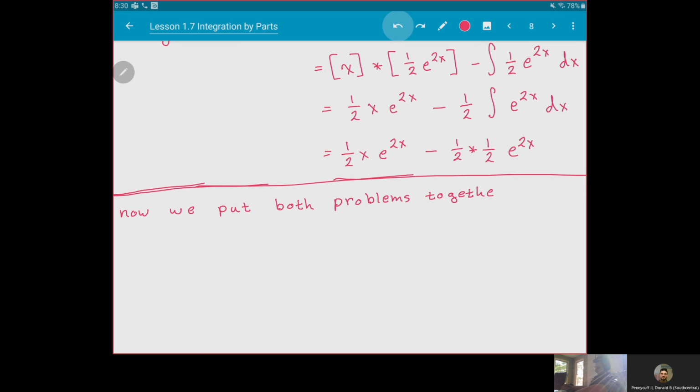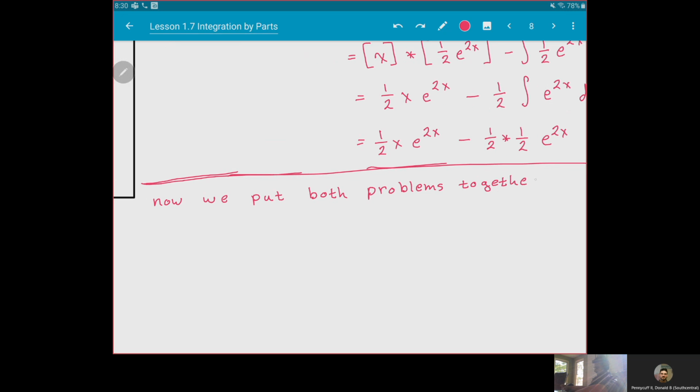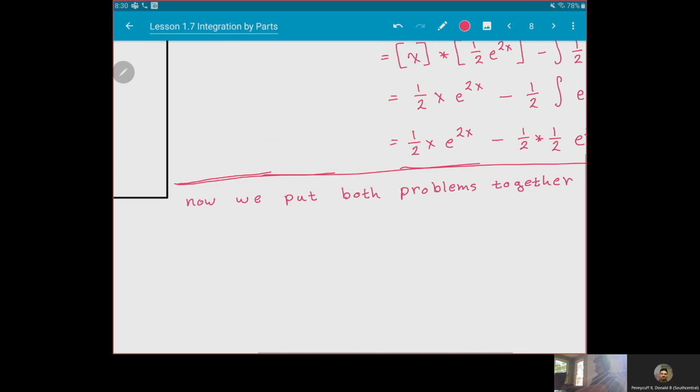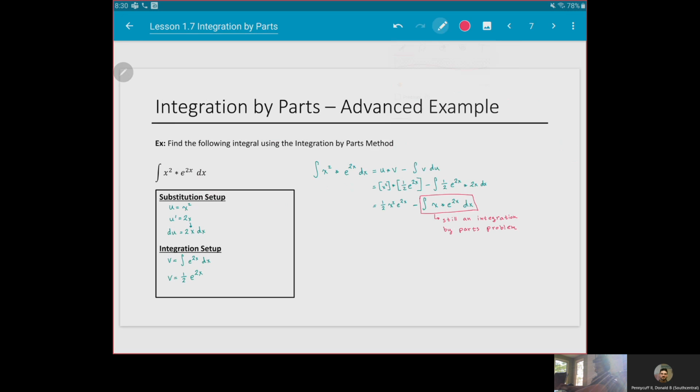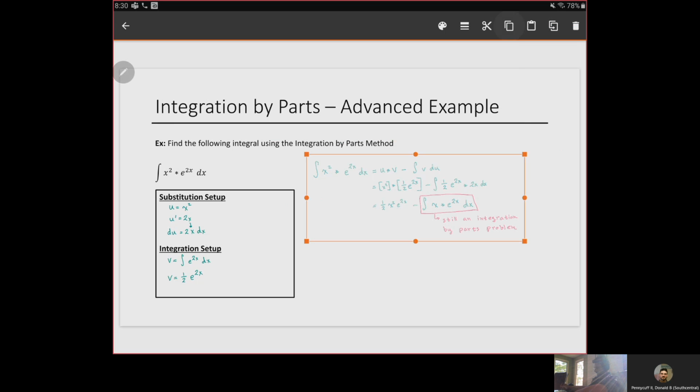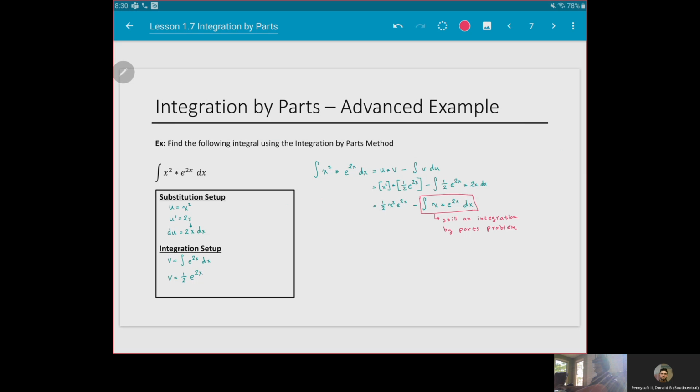So let's go back to the previous situation, previous page here. So let's take all of this and copy it and paste it.